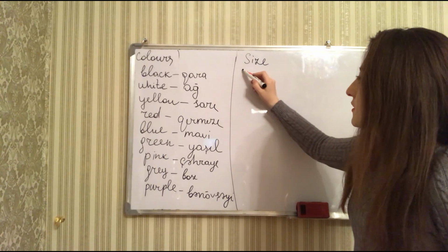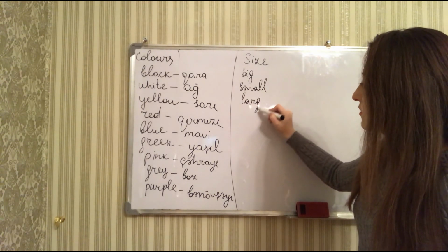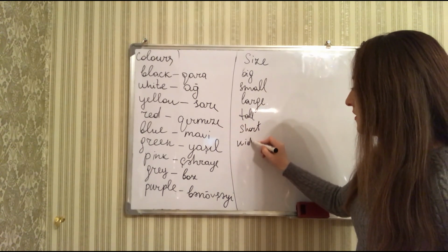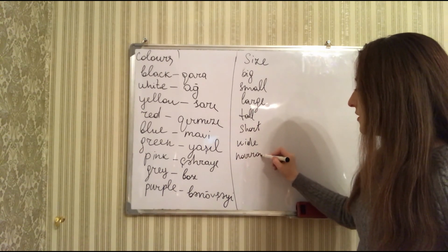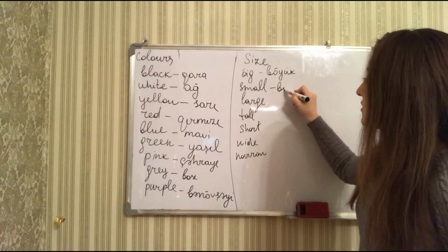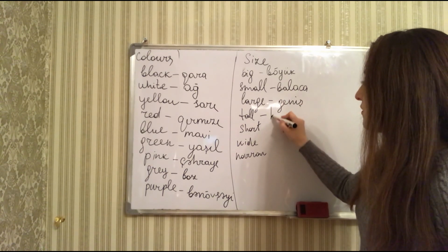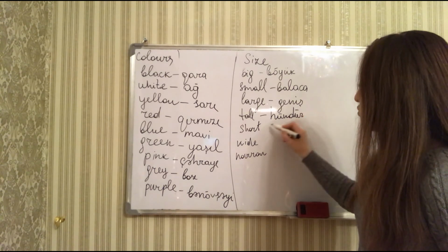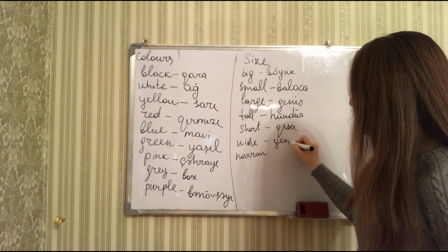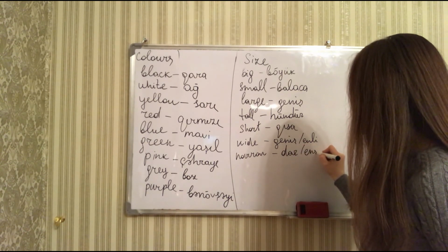Okay. After that, we have some adjectives about size. For example, big, small, large, tall, short, wide, narrow, and etc. So big, büyük, small, balaca, large, geniş, tall, hündür, short, kısa, wide, geniş, enli, narrow, dar, ensiz.